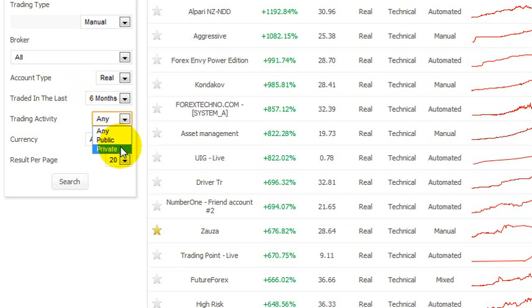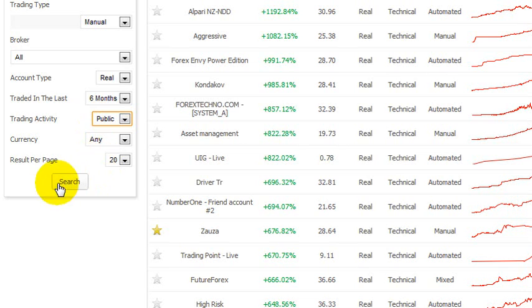Here's another important filter. Any, public, or private. Personally, I want to look at systems that are made public. This is a very important decision right here. Why? Because you want to make sure that the particular system is not hiding anything, and we're going to look at that here in a minute when we break down my two systems I'm going to show you. So for this particular demonstration, let's select public.